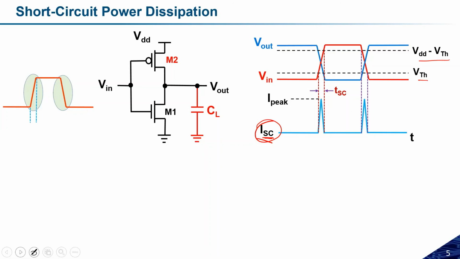If you see on the left side, the time period is from 0 to 100%, because there is some rise time and fall time. On the right side, I have considered the voltage range between VTH and VDD minus VTH, and the time period between these two values, where both the transistors are in the conducting region, we are calling TSC.